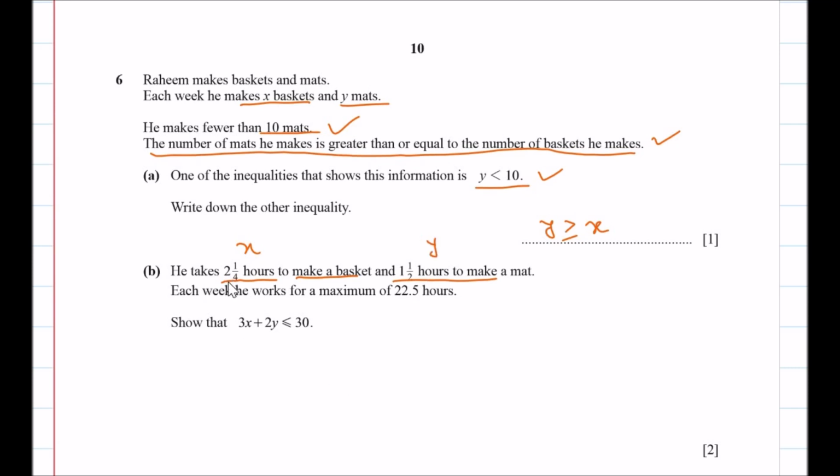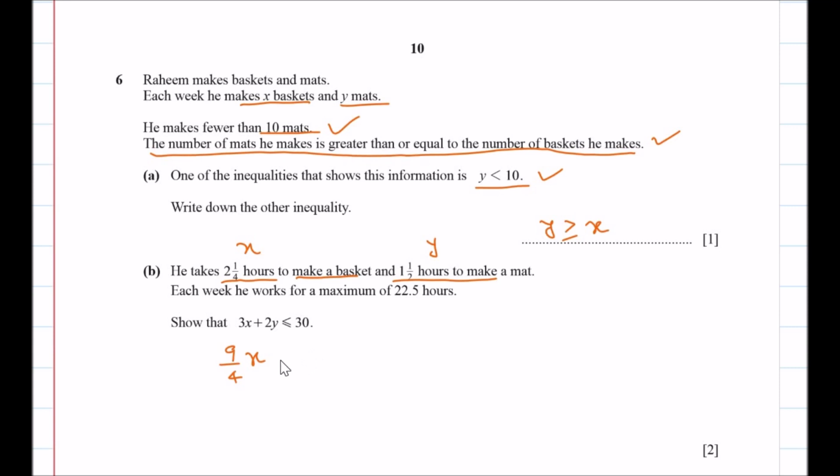Right? What does it mean? 2 fours are 8 plus 1, 9 by 4 times x. 9 by 4x. Right? 2 and 1 by 4 hours to make one basket. So for x baskets it will be 9 by 4 into x.